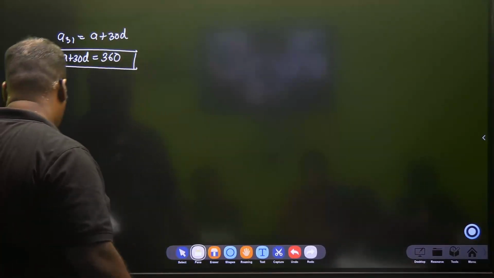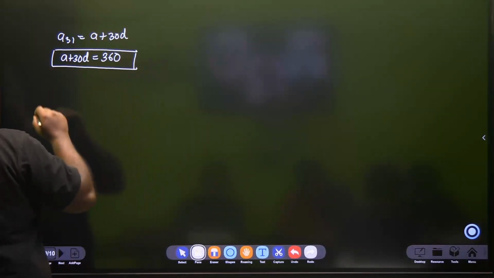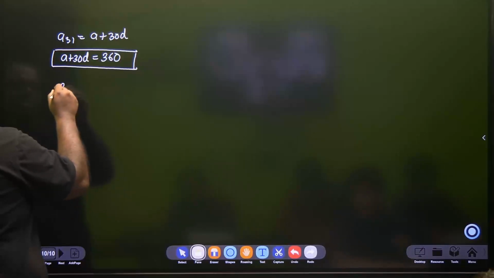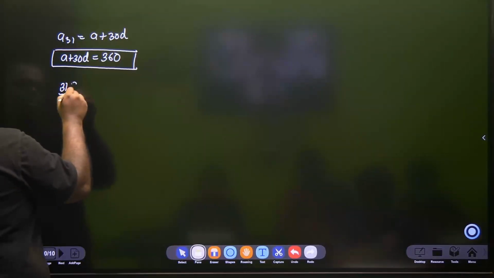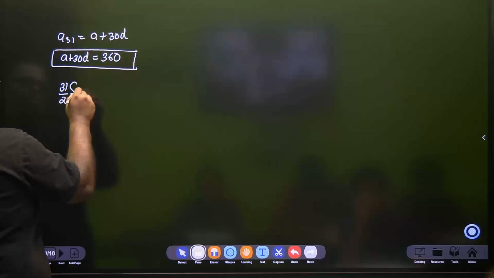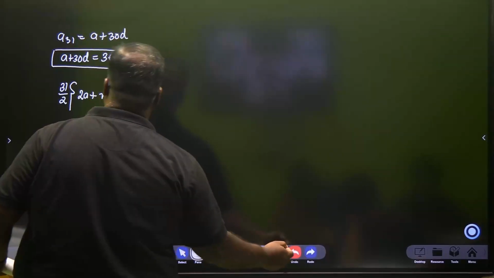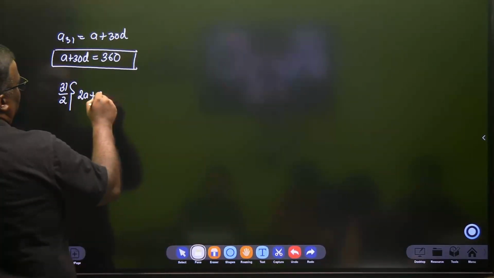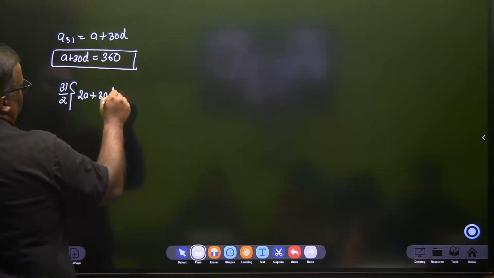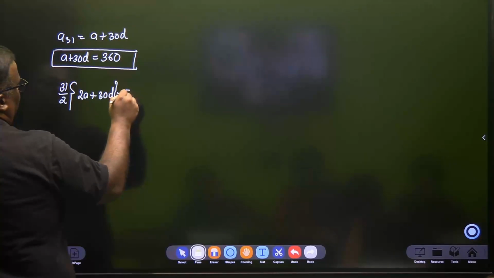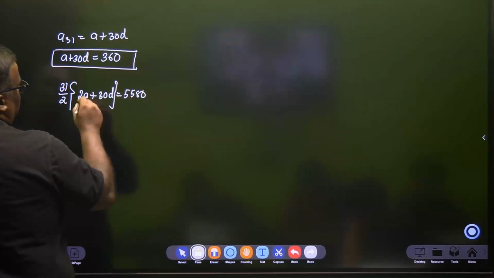So this is 1. And the sum of 31 terms: n by 2 into 2a plus (n minus 1)d, so 31 by 2 into 2a plus 30d, which is equal to 5580.